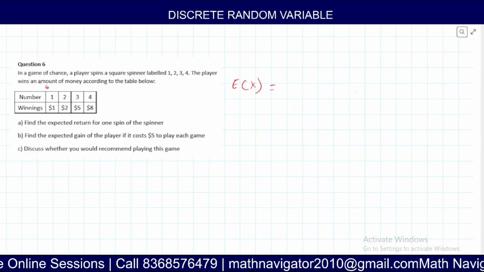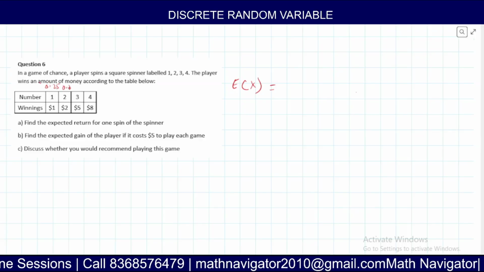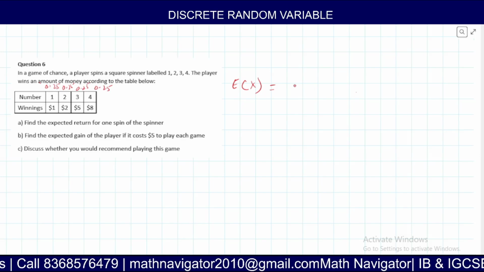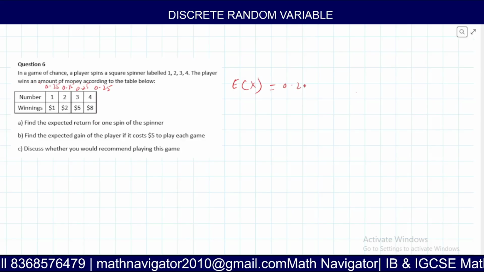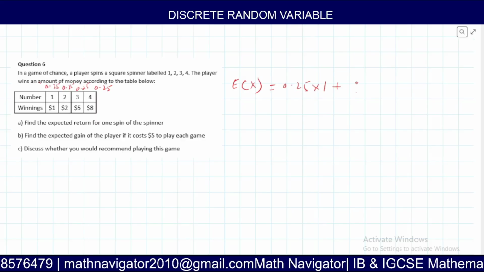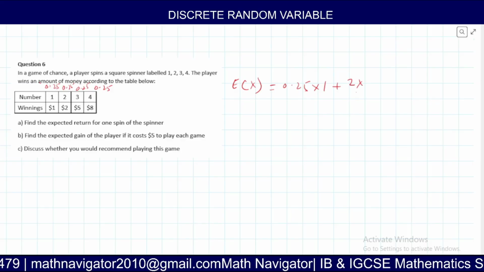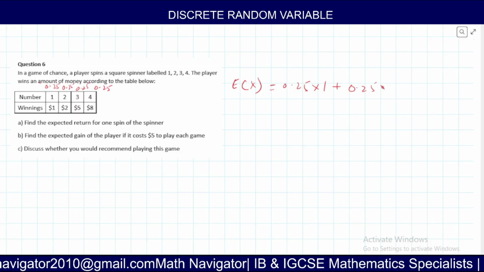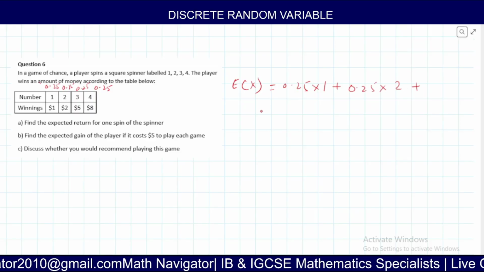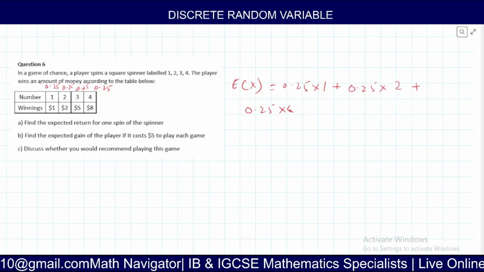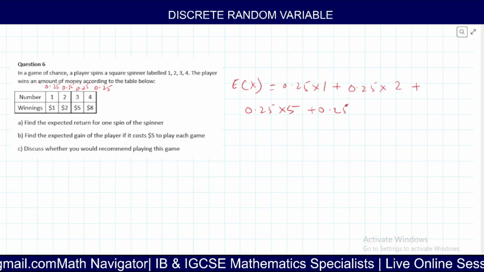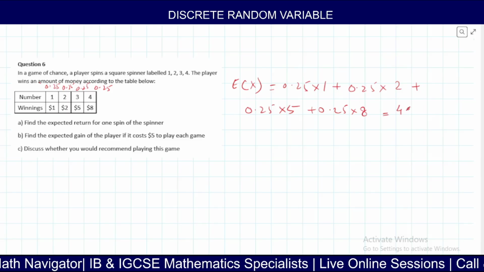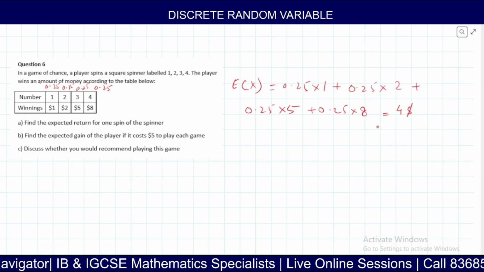So probability is same, 0.25, 0.25, 0.25 and 0.25. So I'll do 1 times 0.25 times $1 plus 2 times 0.25 times $2 plus 0.25 times $5 plus 0.25 times $8. So this will give me $4.